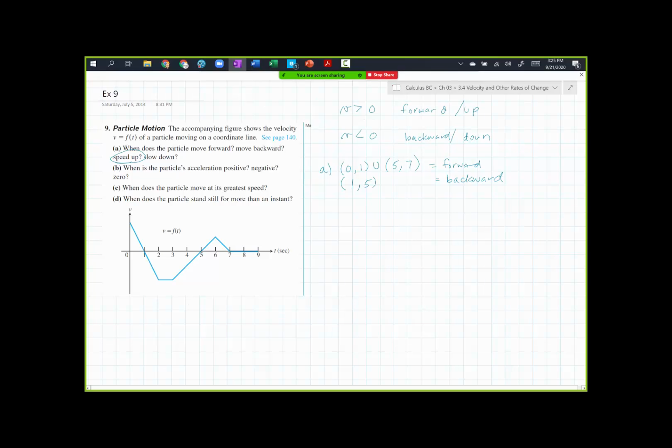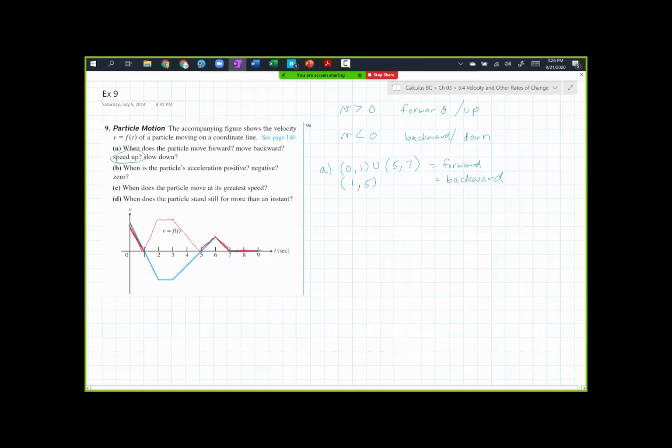And what's our definition of speed? It is the absolute value of velocity. So here I am in red marker drawing the speed curve. Okay, got it?